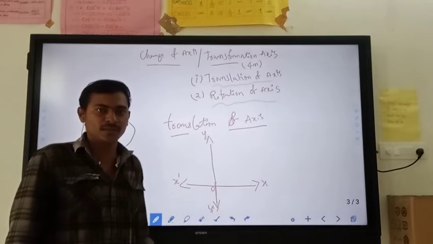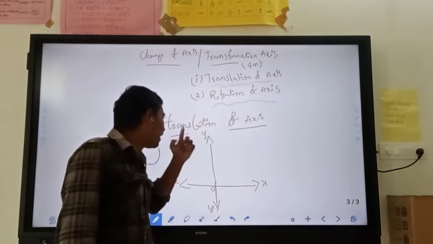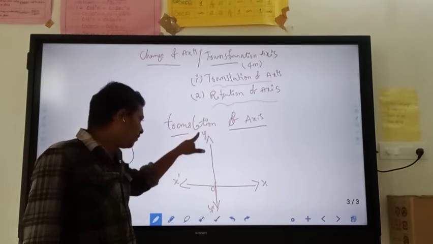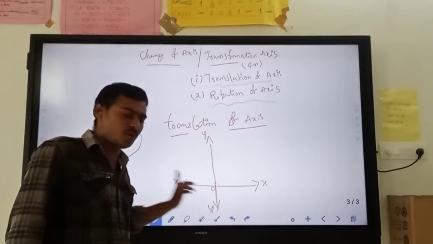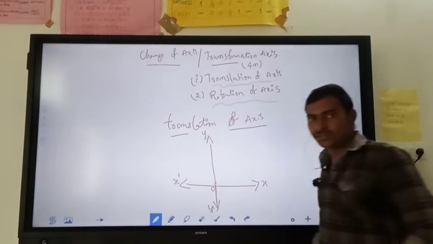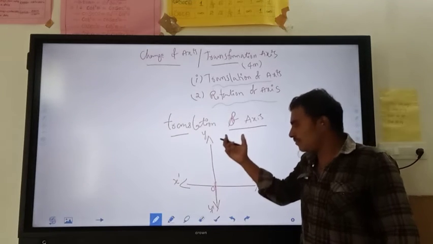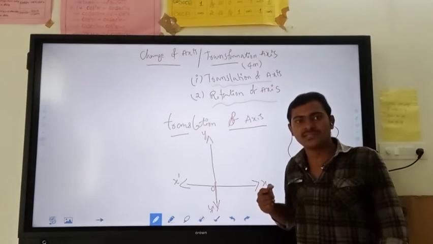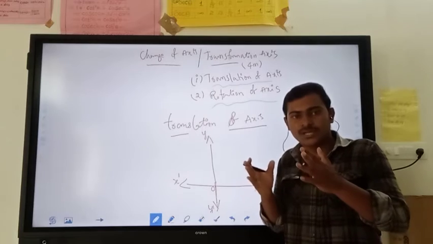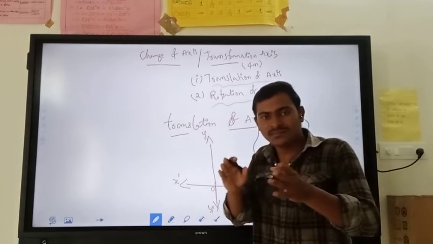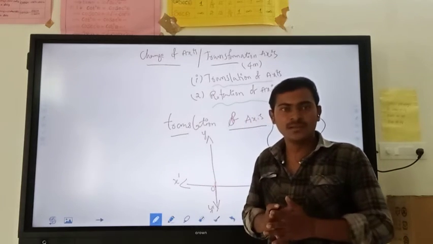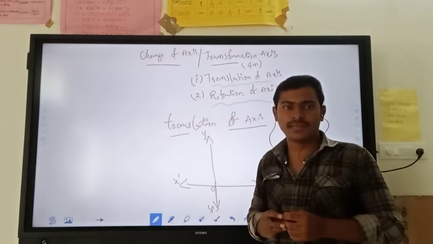We take the axes y o y dash and x o x dash. Now, translation of axis means changing the origin from one place to another place without changing the axes.